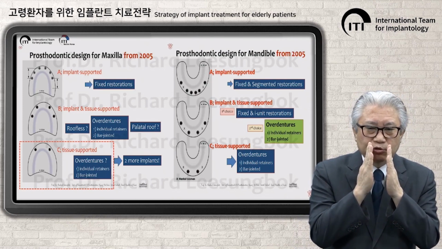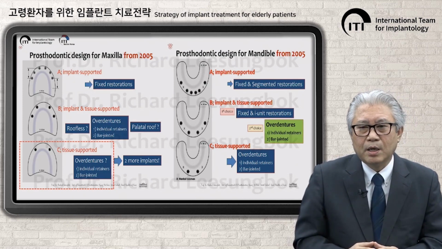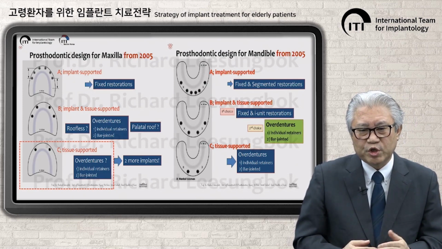What should we do if we have only 2 implants in the upper edentulous jaw for various reasons?